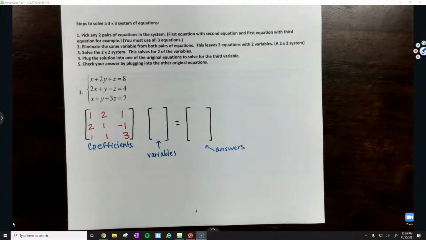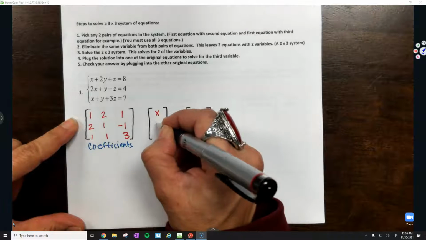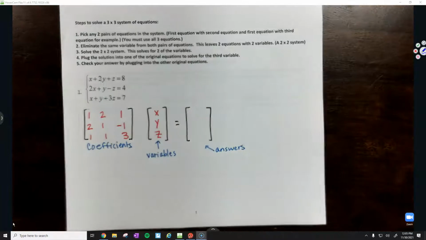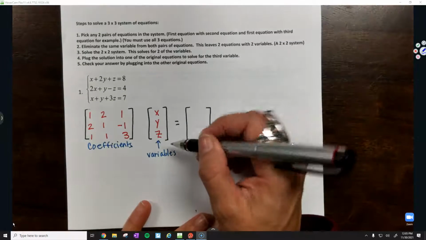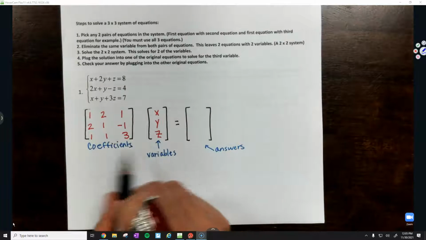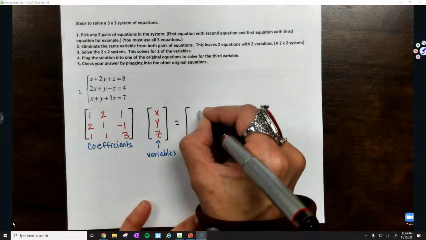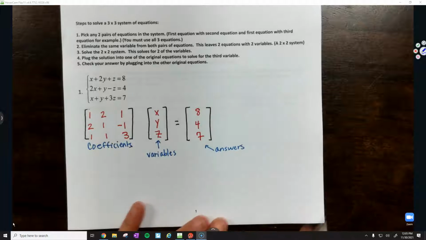And then when they are multiplied by the variables x, y, z, everything is organized, everything is in order. When I know what x, y, and z are, and when I multiply these two matrices together, I will get an output, I will get an answer of 8, 4, and 7.